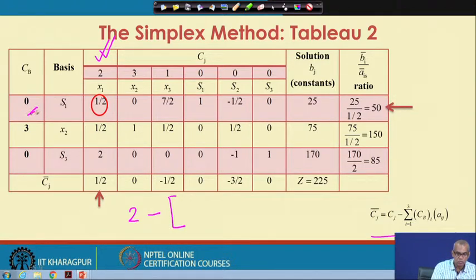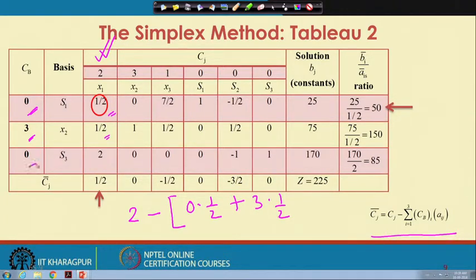So, 0 into half plus 3 into half plus 0 into 2.